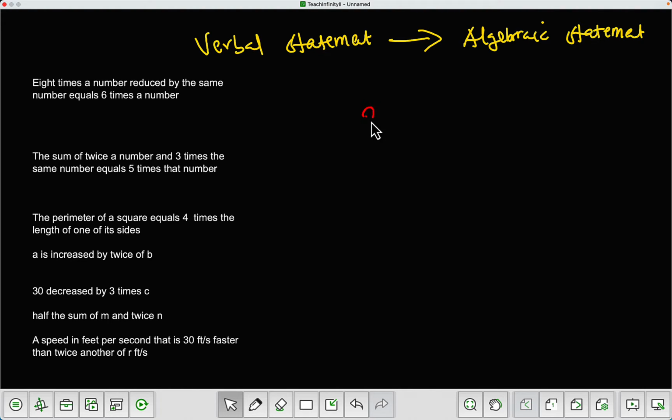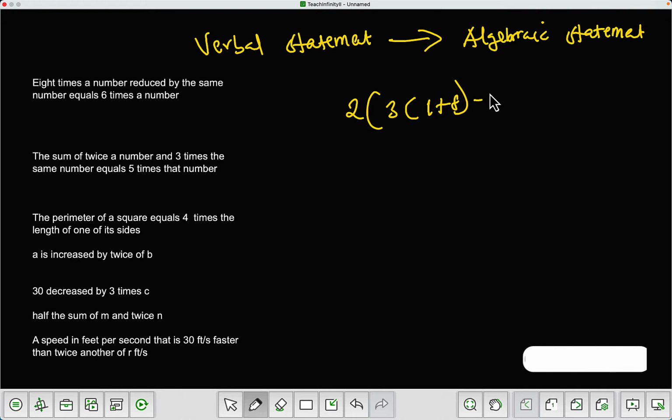So if you have something like 2, 3, 1 plus 5 minus 1 plus 8 minus 2, you have problems like this, you get it, then you would evaluate.